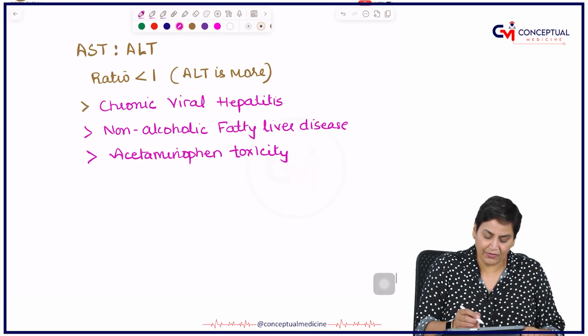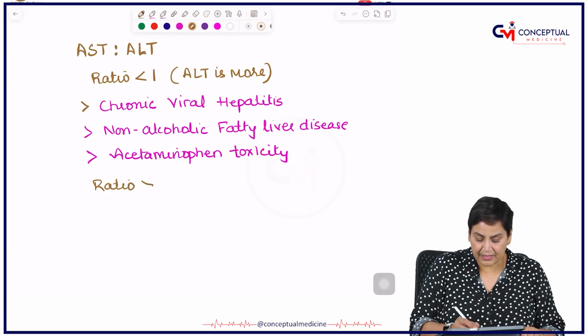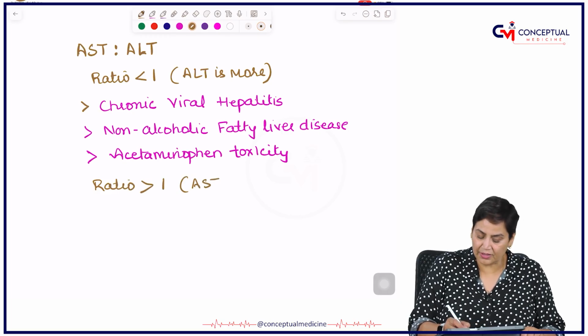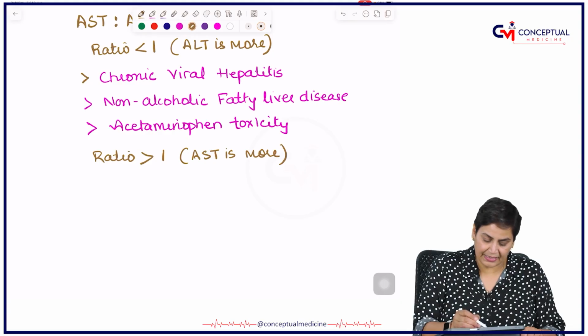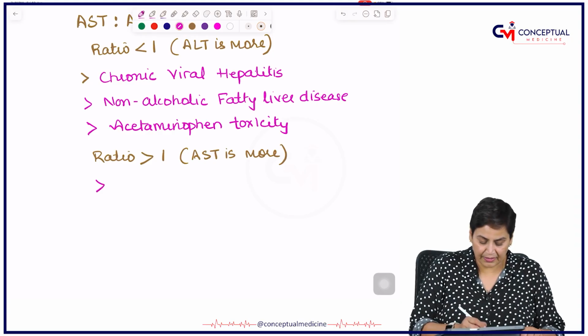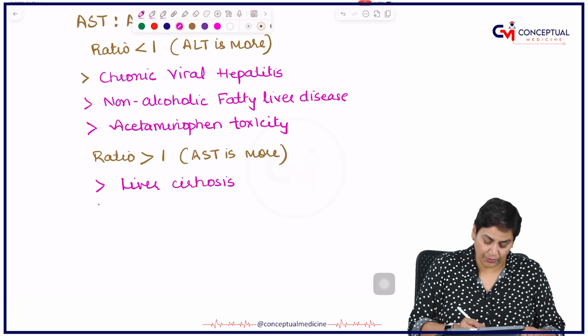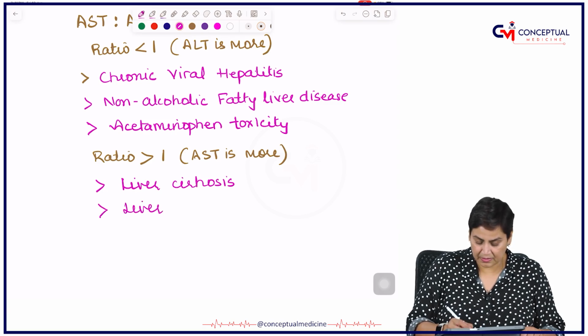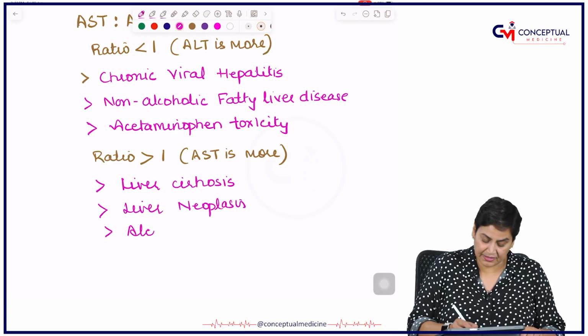On the contrary, if the ratio is more, which means that AST is more, and whenever AST or GOT is more, it is an indication of liver cirrhosis, liver neoplasia, and alcoholic hepatitis.